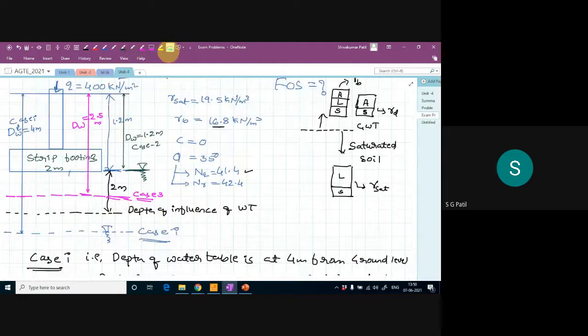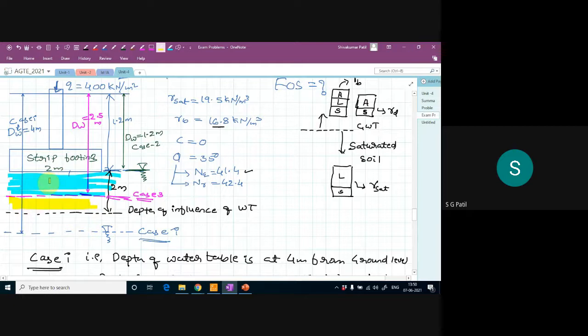Just concentrate here. This much soil is under dry case, and this soil is under submerged case.